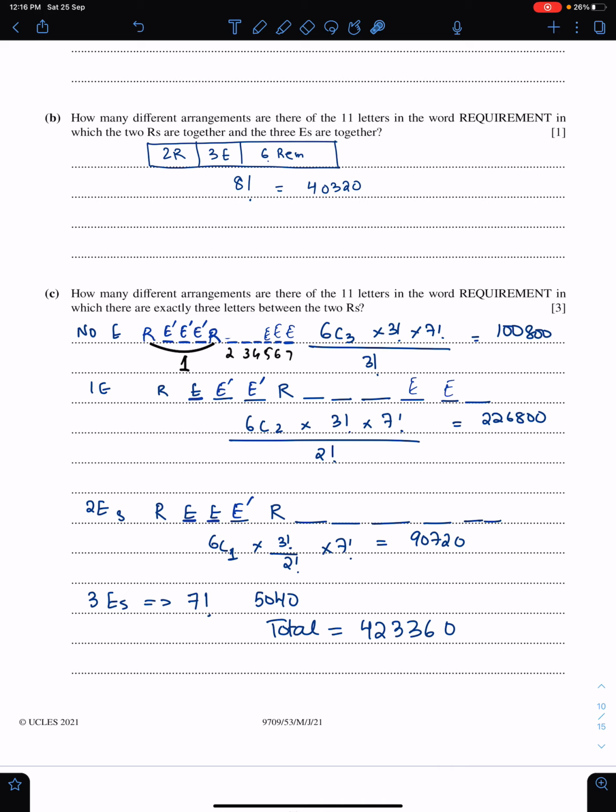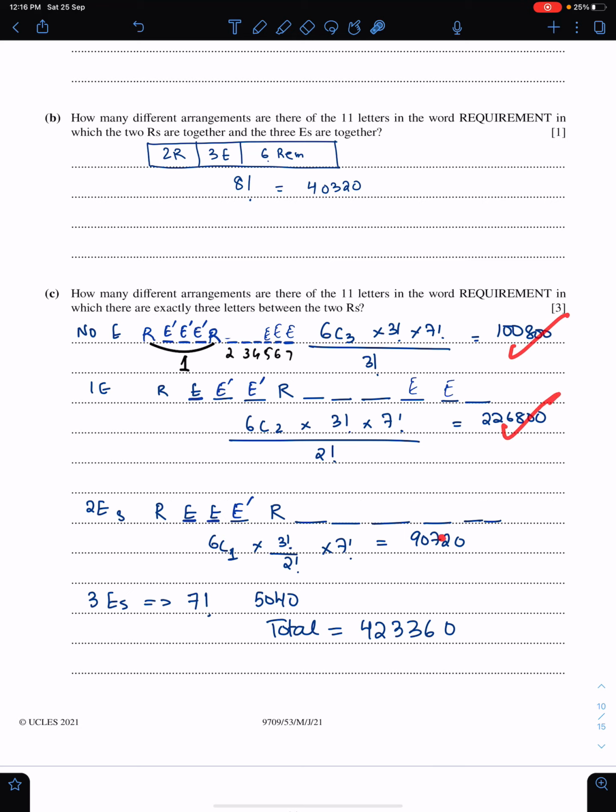Now we can have all 3 E's as well. We can have all 3 E's here. So when we have all 3 E's, the arrangement of all 3 is just 1, and altogether we have 7 objects, 1, 2, 3, 4, 5, 6, 7, so 7 factorial. So there are 4 options and 4 ways.